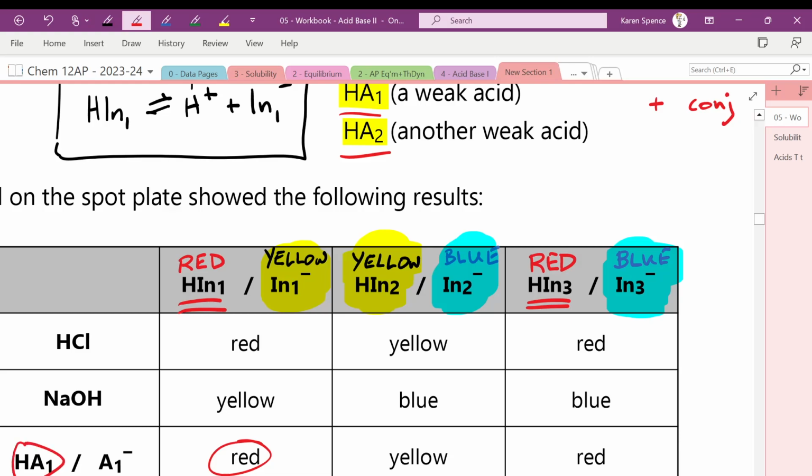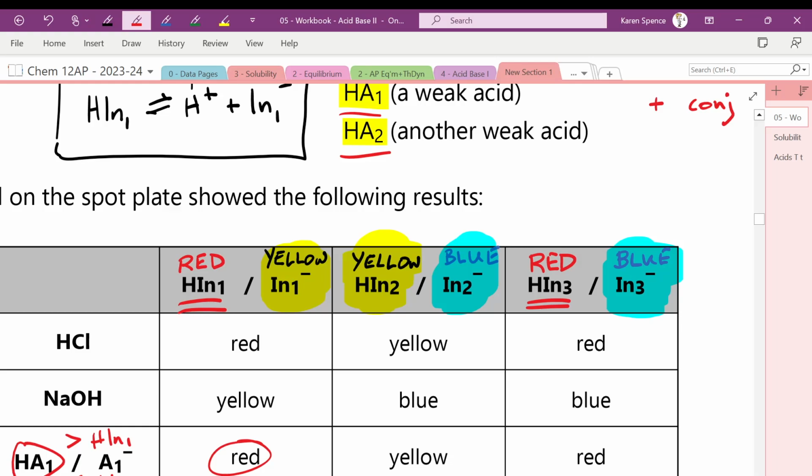How do you know? Because it's got similar behavior to HCl. We don't know if it's a strong acid, but we do know that it is stronger.